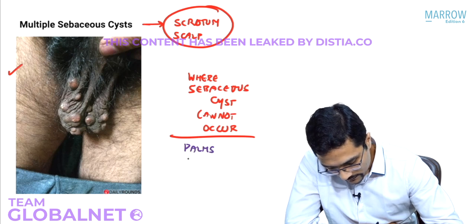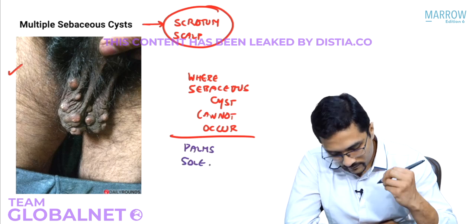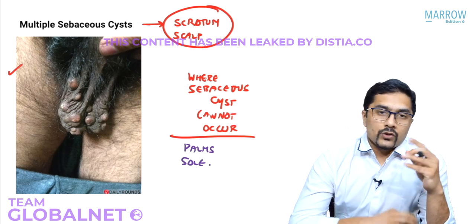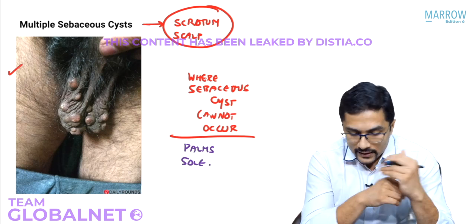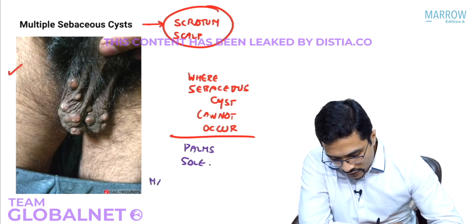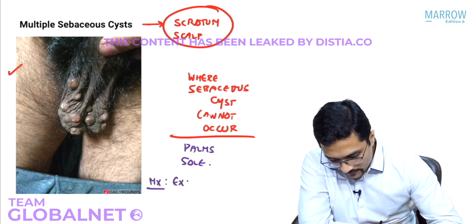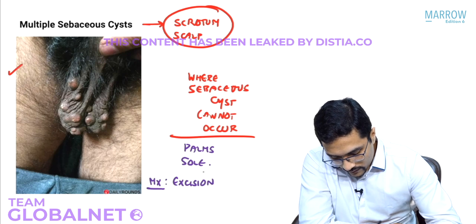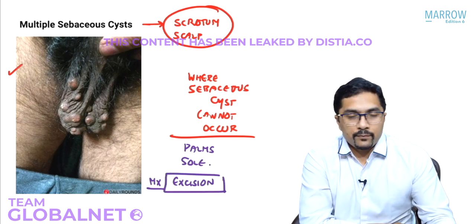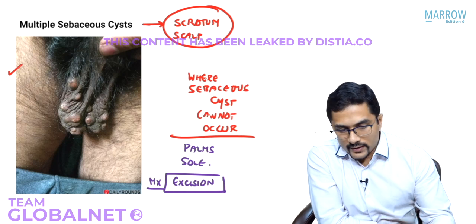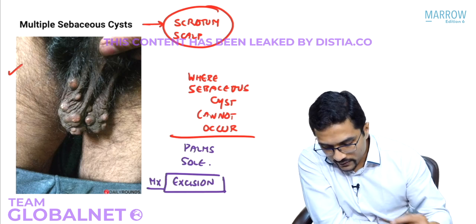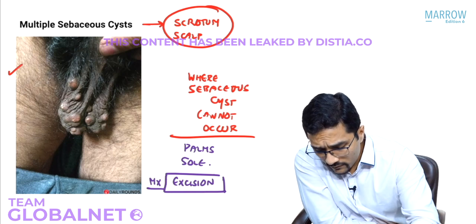Palms and soles. Right? So no hair follicles here, so you can't have sebaceous cyst. And the management of a sebaceous cyst is excision. We have to excise the cyst completely so that it does not recur. So this is regarding sebaceous cyst, which you should know about.